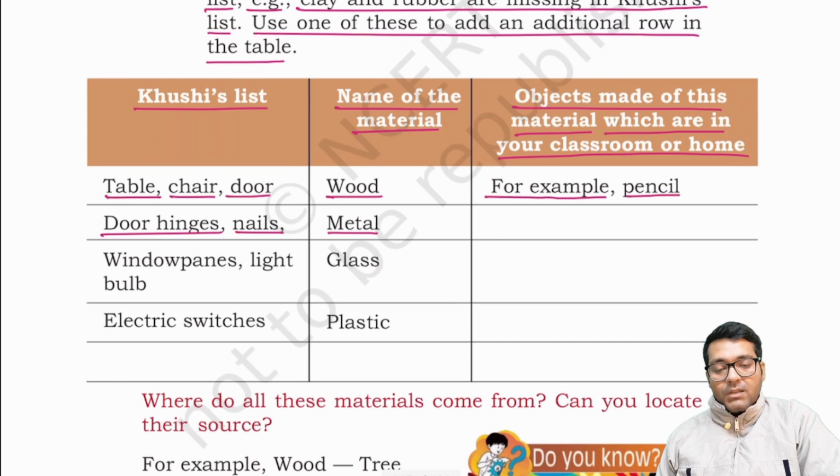Examples of other objects made of these materials can be wire, bell, etc. Window panes, light bulb, glass, electric switch, plastic. Kindly think and write here.